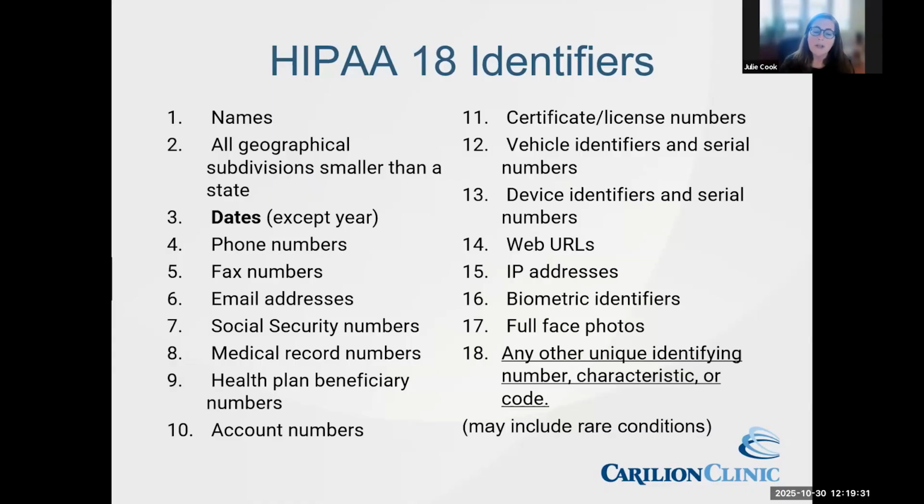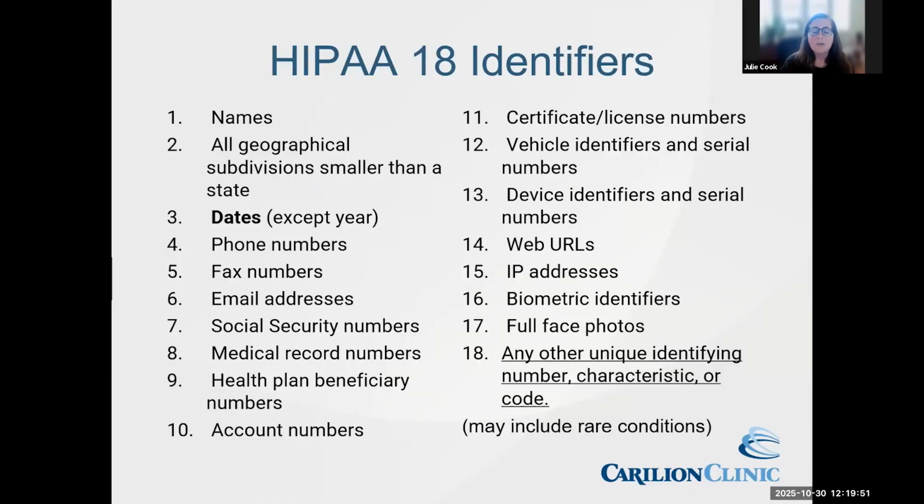But what a lot of people aren't thinking about is even things like the medical record number, which often a researcher wants to use to tie things together. You want to look at what happened at the first of the year versus what happened to the last of the year to this individual with this medical record number. That is an identifier.